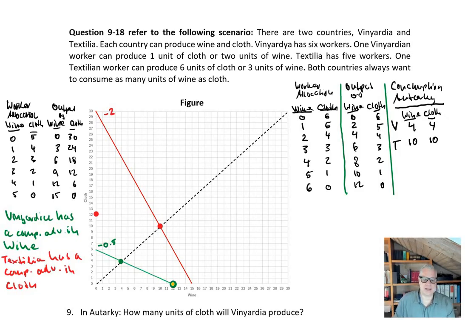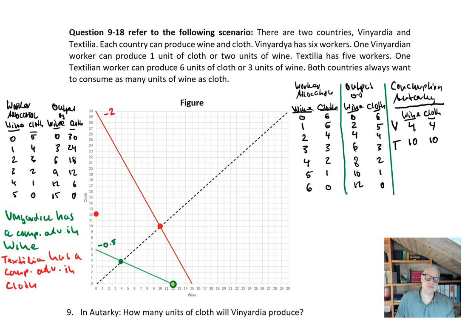But Textilia still has excess capacity. How many workers does it take to produce 12 units of cloth? Textilia has 5 workers, and 1 worker can produce 6 units of cloth.